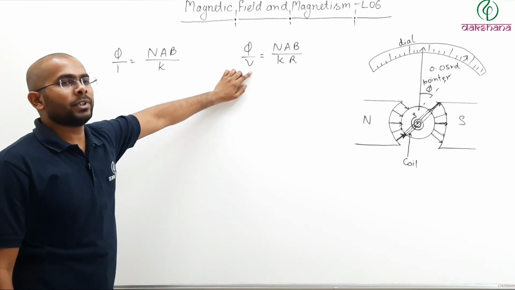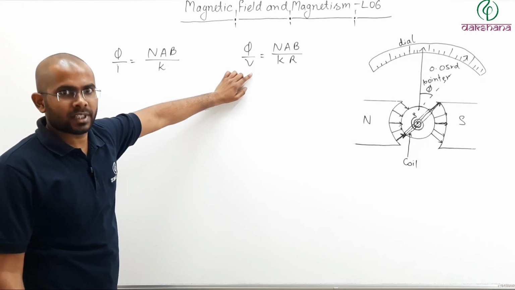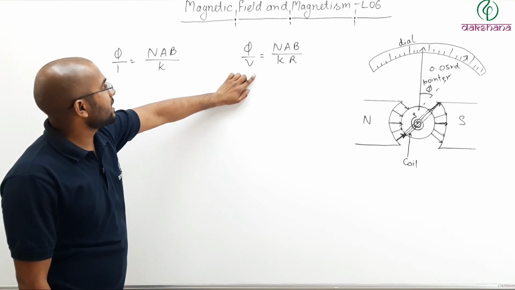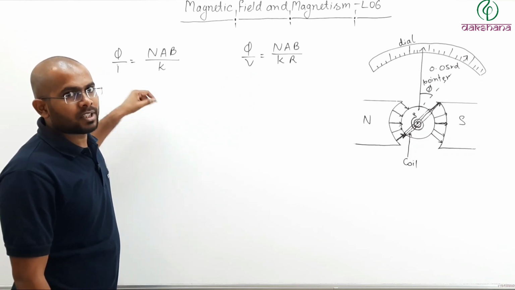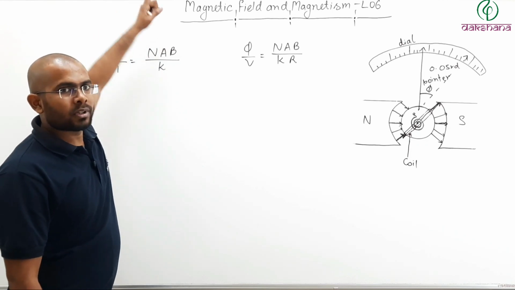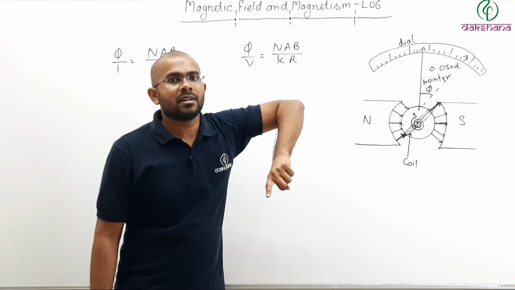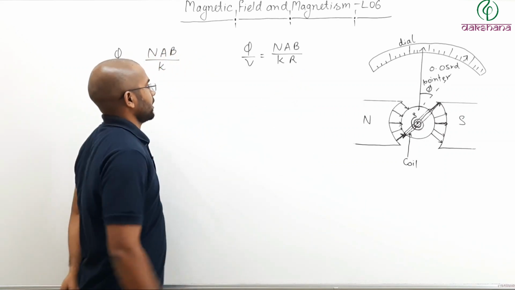Now for the same galvanometer, if current sensitivity is this and voltage sensitivity is this. Now if I want to increase my sensitivity, current sensitivity and voltage sensitivity, we have already seen that for increasing the current sensitivity, what we generally do is we increase the number of turns. Now can I apply the same thing in case of voltage sensitivity? Let us check it out.